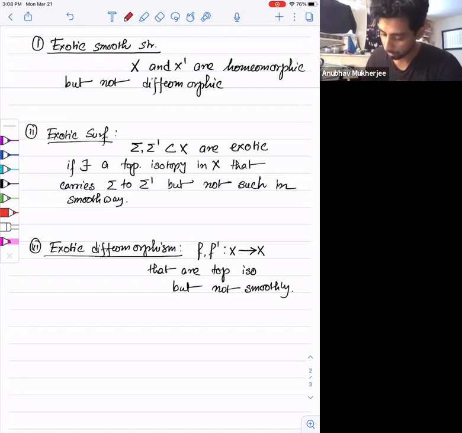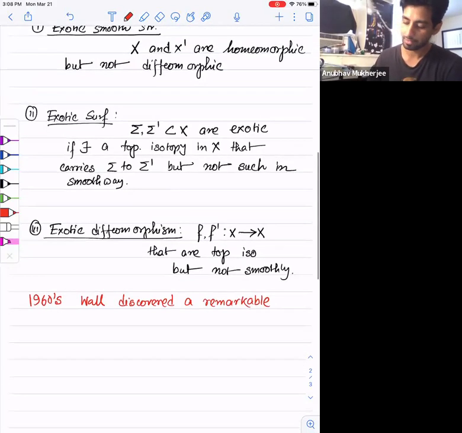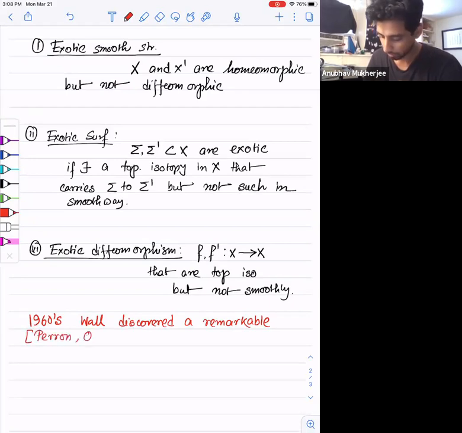This is from the early 90s. In the 1960s, Wall discovered a remarkable result. By the way, if I say just Wall, that would not be fair because I'll be talking about these three different categories. So for full generality, Perron and Quinn are also involved.